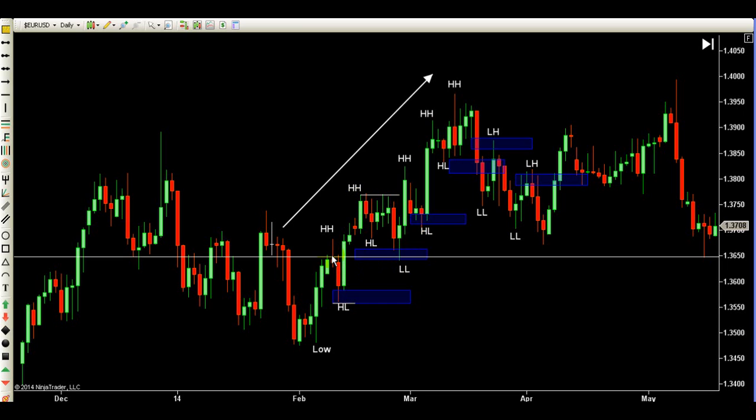So as you can see, put these lines on where the price rolls over, and then check to see if, when the price comes back into the 61.8 to 50% retracement zone, that line has now become support when it used to be resistance. So that's basically how you use support and resistance with this trading method, which is using trends.